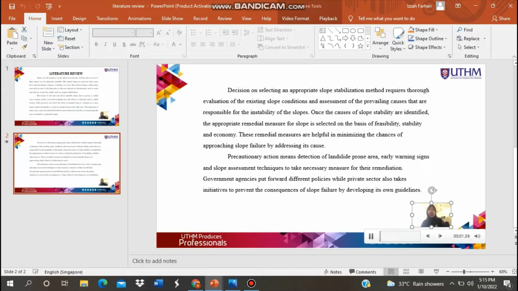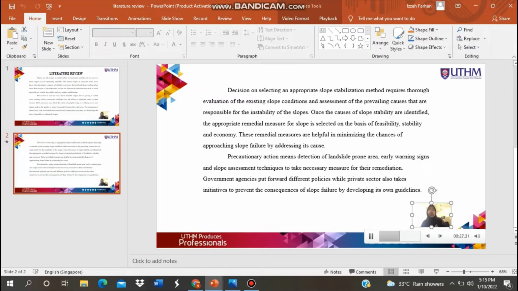Decision on selecting an appropriate slope stabilization method requires thorough evaluation of the existing slope conditions and assessments of the prevailing causes that are responsible for the instability of the slopes. Once the causes of slope instability are identified, the appropriate remedial measures for the slope are selected on the basis of feasibility, stability, and economy.